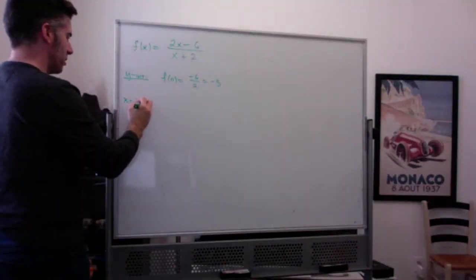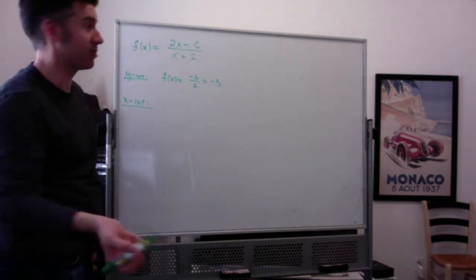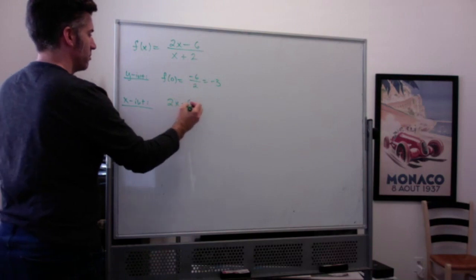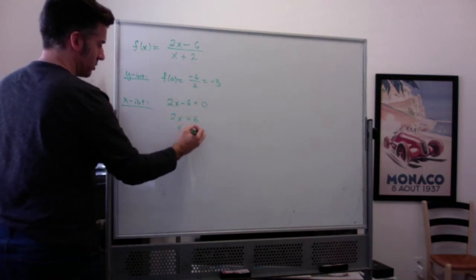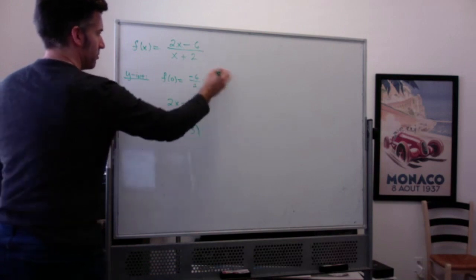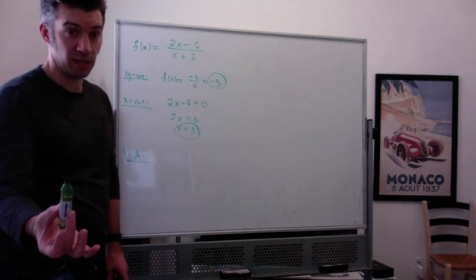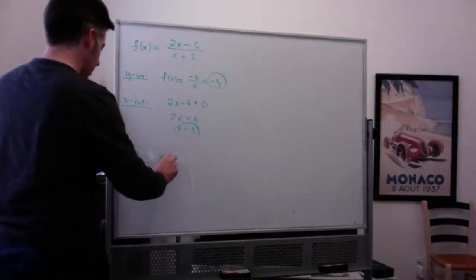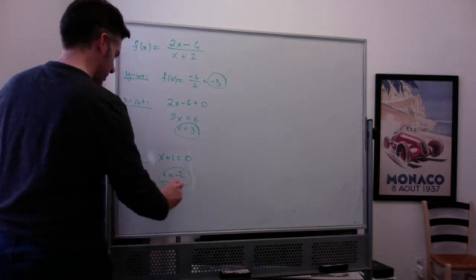X-intercept: we could set the whole thing equal to 0, but we're really just going to set the top equal to 0. So 2x equals 6, x equals 3. Vertical asymptote: set the denominator equal to 0. x + 2 equals 0, x equals -2.